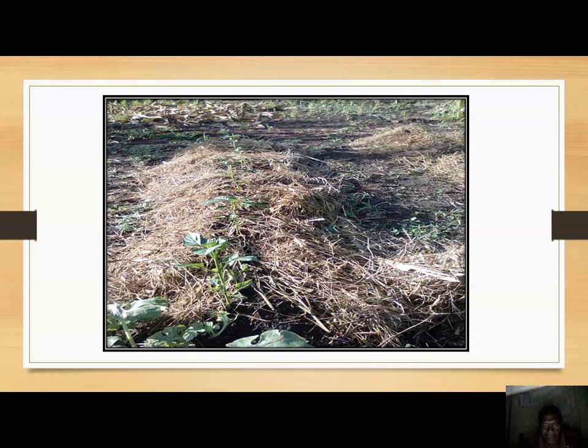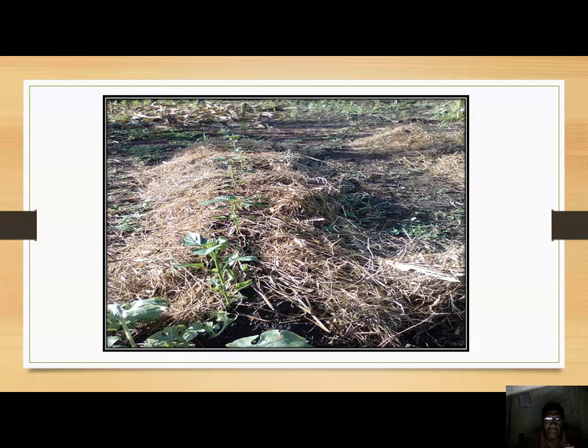We see mulch, and we also see the soil where the process of mulching is already applied. So there are dead grasses lying around the capsicum plants.